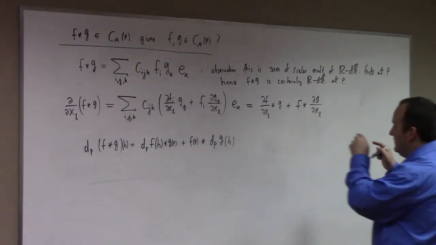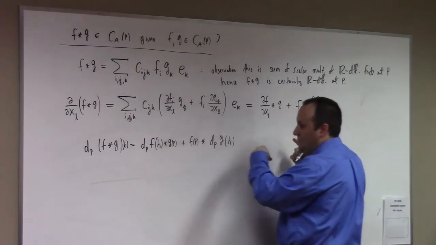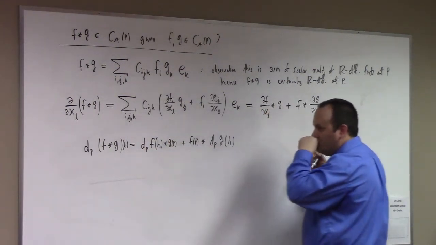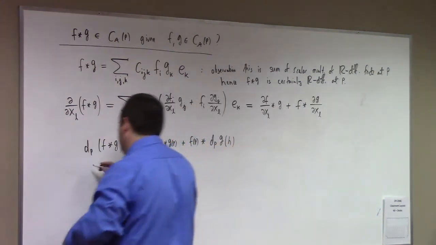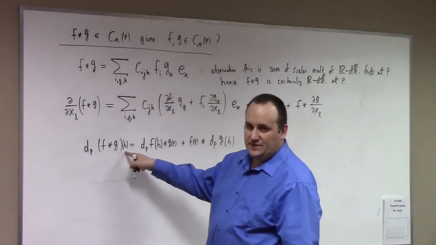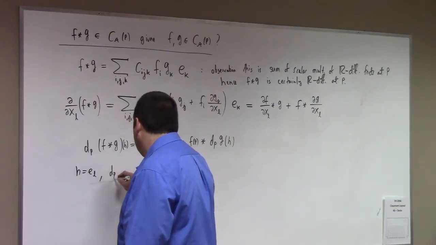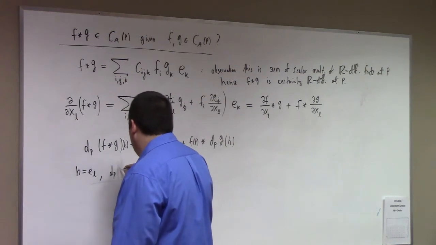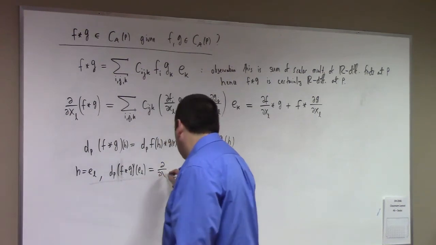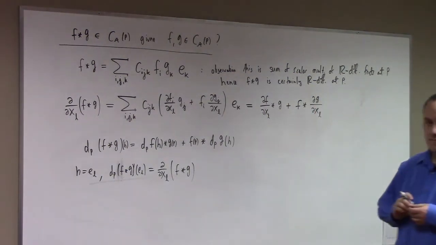That is coming from just, I mean, you can calculate, just evaluate the left-hand side and the right-hand side. If you evaluate the left, so how do I say this, guys? I don't even know if I want to get into all this detail. If you put h equal to el, right? What's dpf of f star g of el? By definition, it is partial xl of f star g, which I have up here.